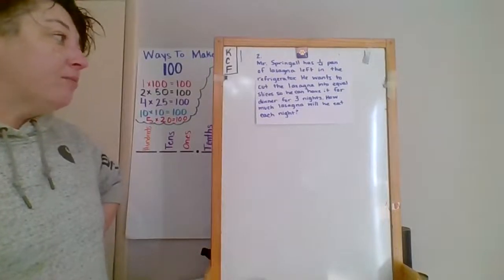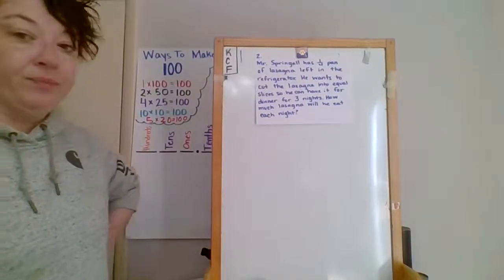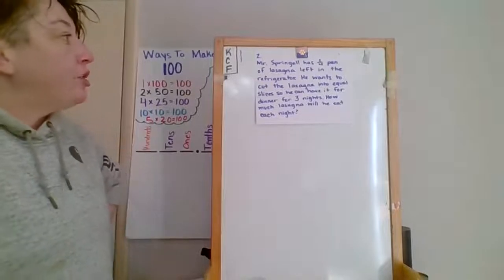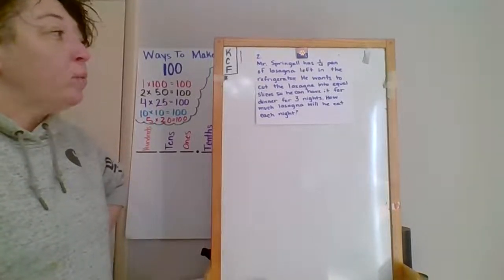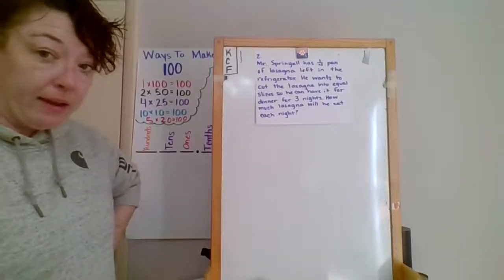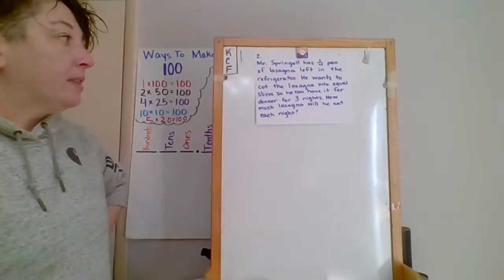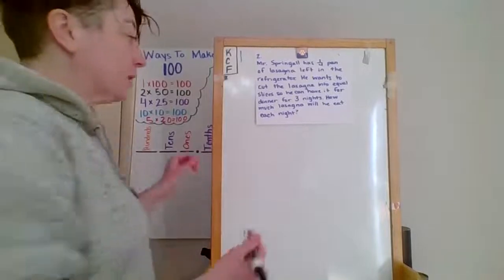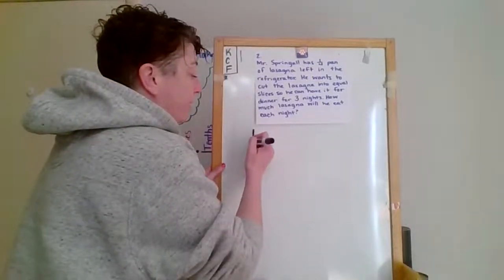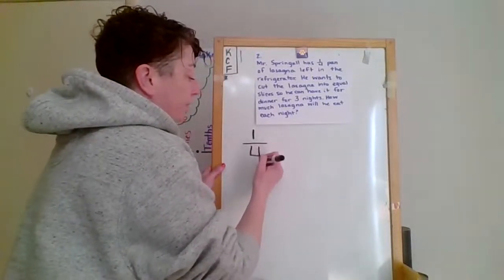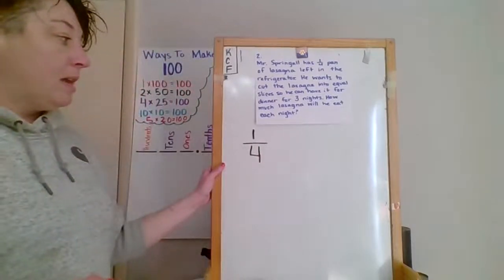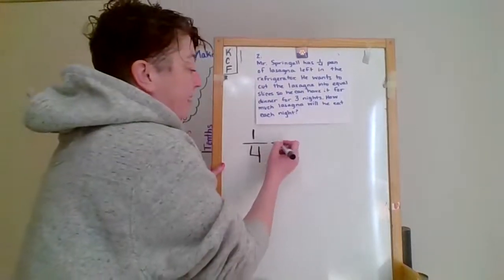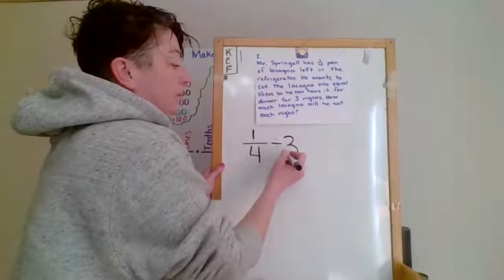How much lasagna will he eat each night? Okay, so he has 1/4 of a pan of lasagna. And he wants to cut it into equal slices so he can have it for 3 nights. So he has 1/4 of the original pan. And he wants to divide that into 3 parts.